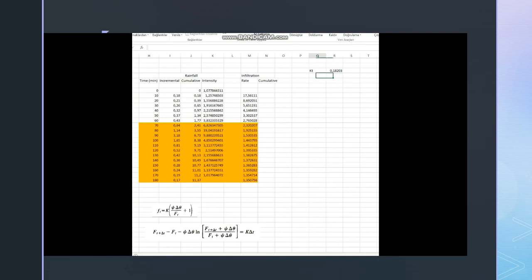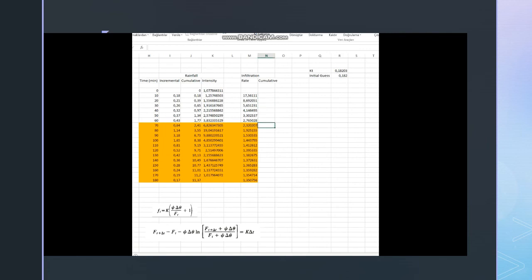And because it's an iterative procedure, we need to have an initial guess of our infiltration. I choose again the same number, which is 0.182. Okay, then right now let's try to calculate here.